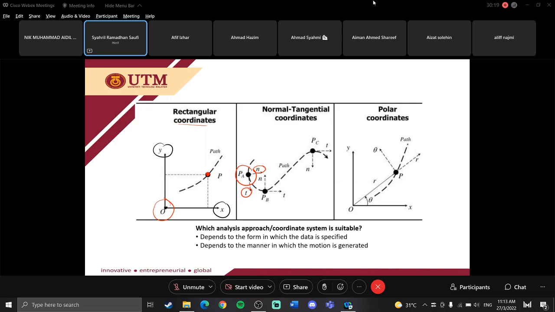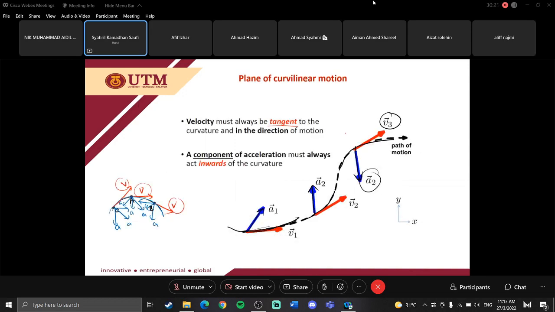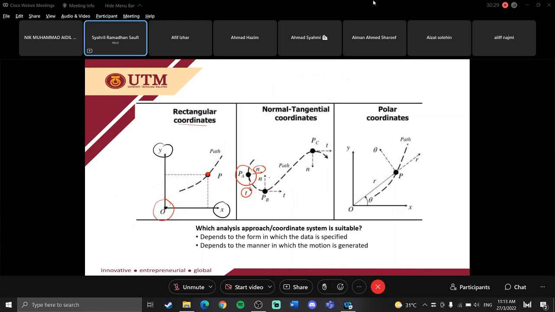Like I mentioned previously, in the tangential direction you have velocity, and in the normal direction you will have acceleration. If you notice here, the normal is always inwards to the curvature. Okay, so this is normal.